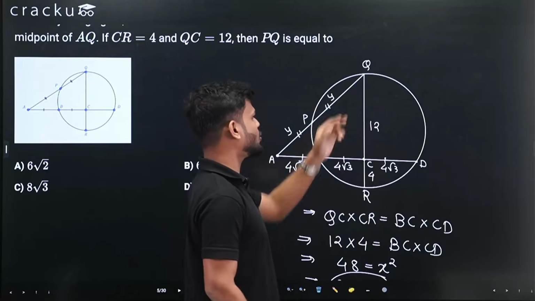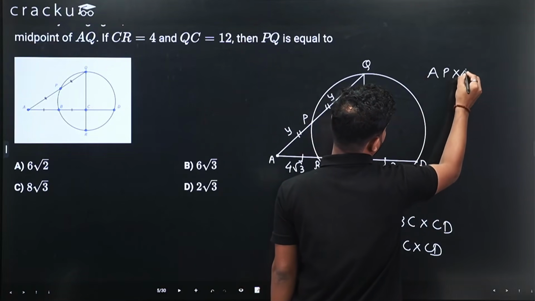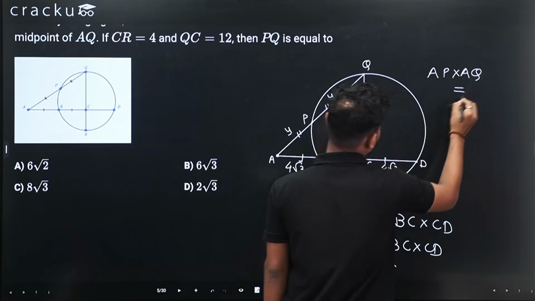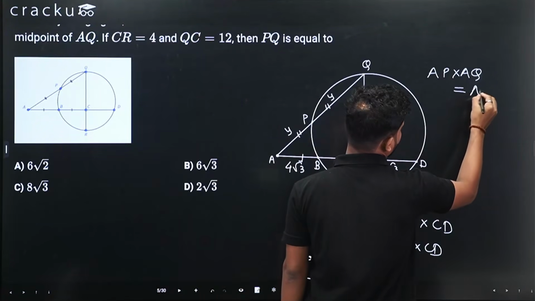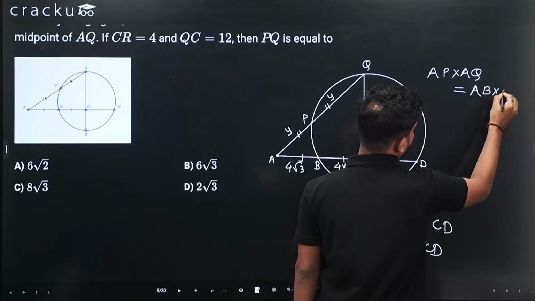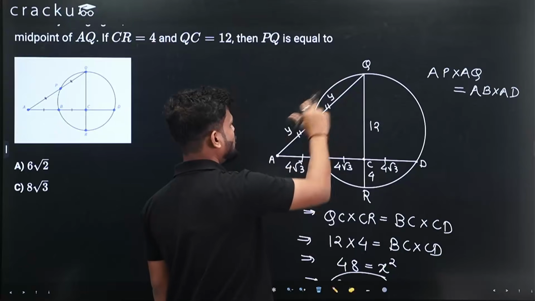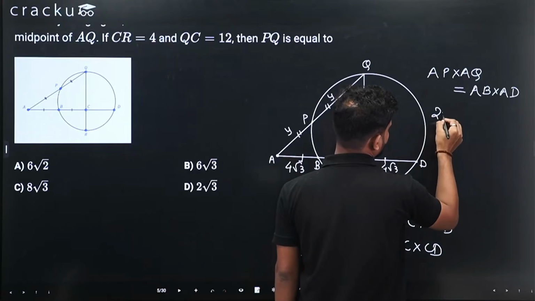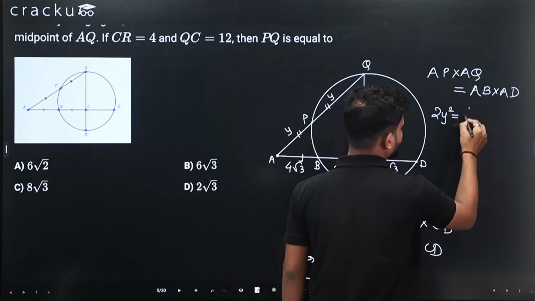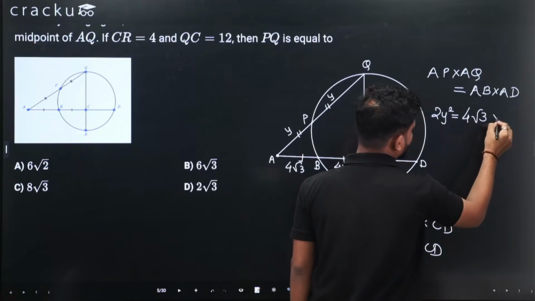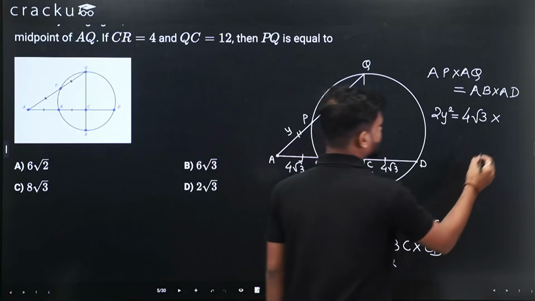It says AP into AQ is equal to AB into AD. What is AP into AQ? AP is Y, AQ is 2Y. So this is 2Y square. What is AB? AB is 4 root 3. And what is AD? AD is nothing but 4 root 3 plus 4 root 3 plus 4 root 3, 12 root 3.